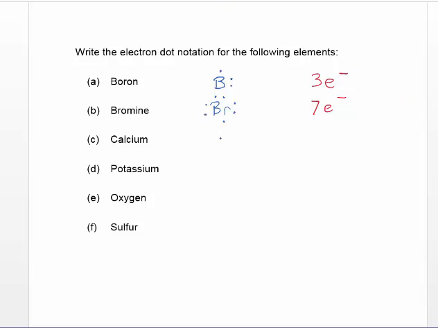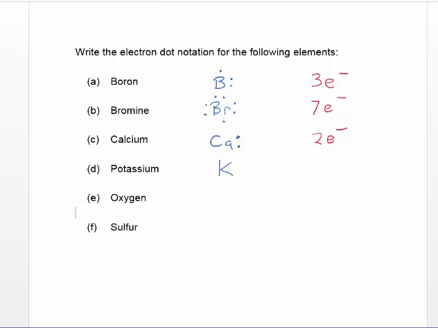Let's go to calcium. Calcium has 2 electrons. So we only fill the S shell. All calcium is going to have is 2 electrons there, and it's done. Potassium, symbol K, will have only 1 electron.